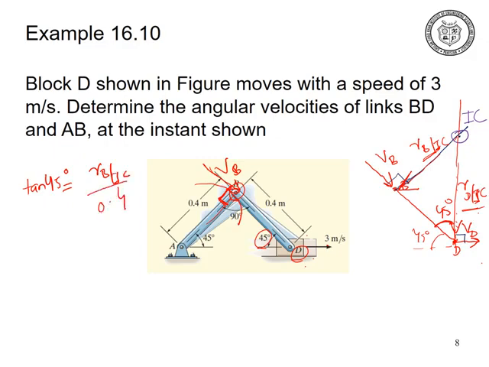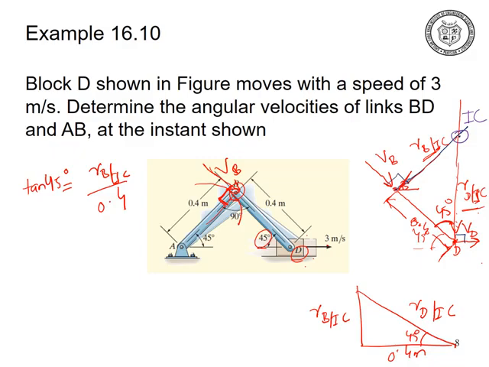You can take this as a right angle triangle having this 45 degree angle. This length is 0.4 meter. This will be your RB with respect to IC, and this will be RD with respect to IC.